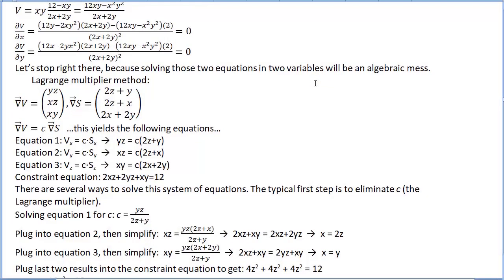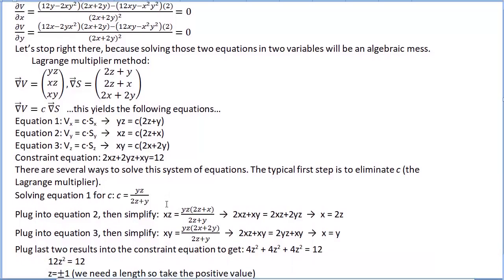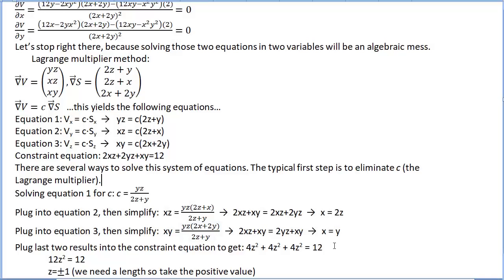So replacing x's with 2z's and replacing y's with 2z's, and plugging that into the constraint equation, that gives you 4z squared plus 4z squared plus 4z squared equals 12. 12z squared equals 12, z squared equals 1, so z equals plus or minus 1.